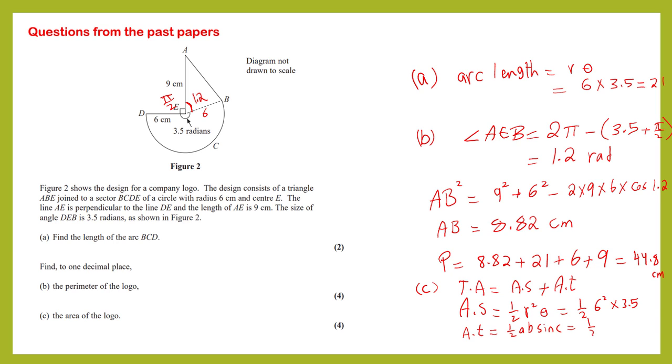So it will be half multiplied by 9, then multiplied by 6, multiplied by sine 1.2 rad. Then at the end, after you get the answer of the area of the sector and the area of the triangle, add them together. So it will be at the end approximately 88.2 centimeters squared. This is the first example.